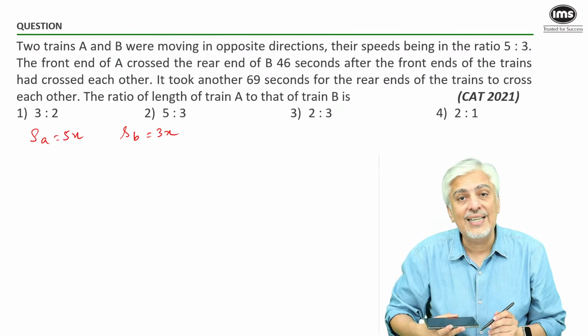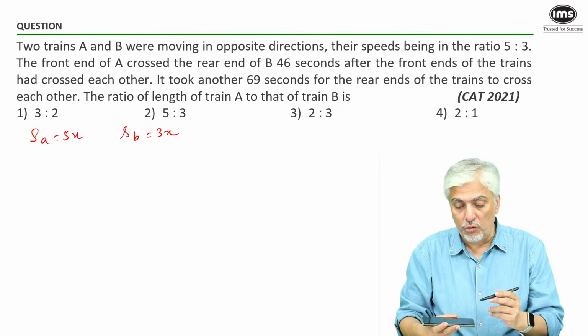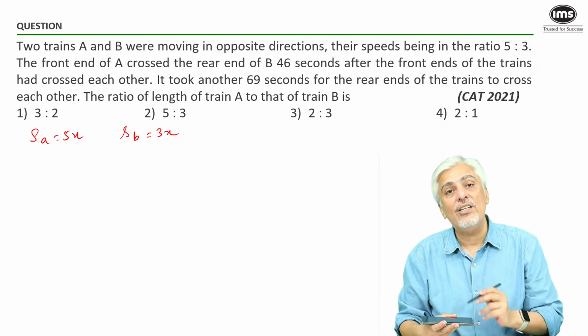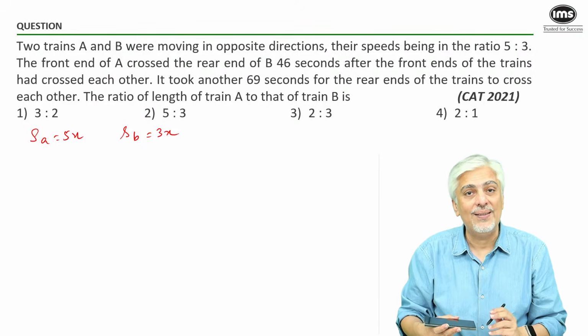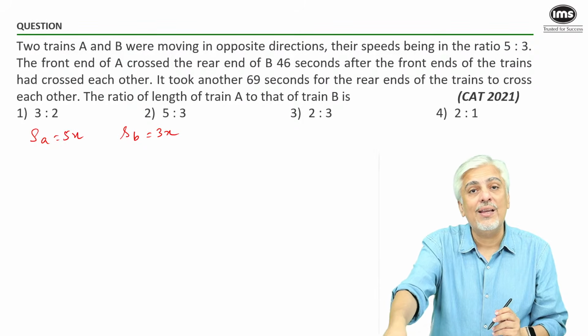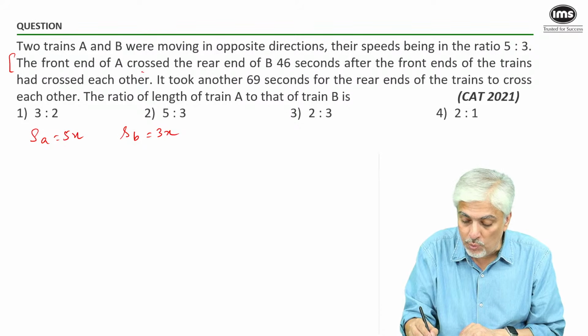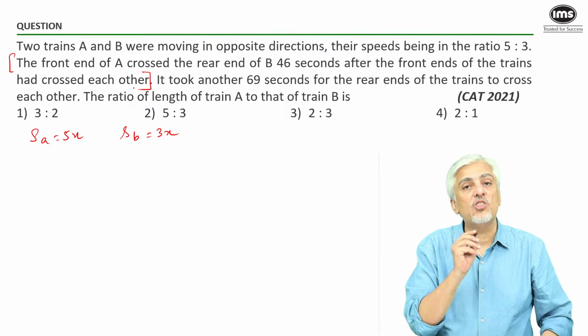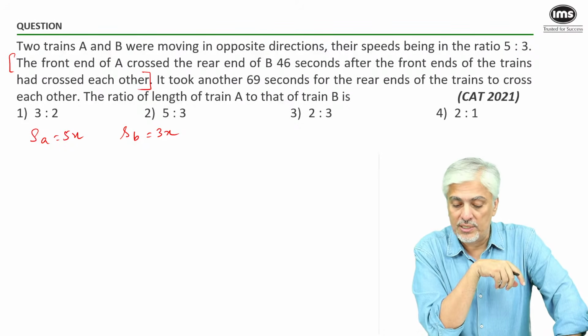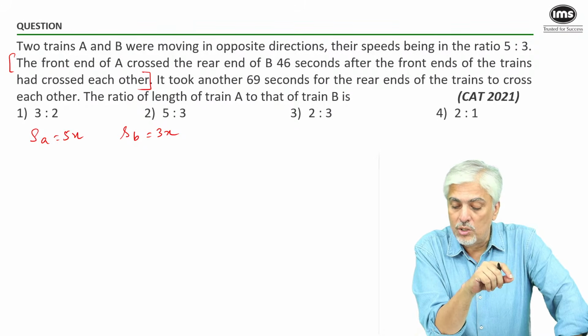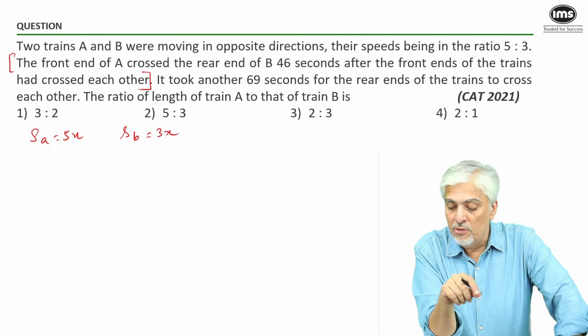Now understand this, the front end of A crossed the rear end of B, not the rear end of A. So which is the length I will consider for this part? You have to read this at least 2-3 times to understand what they are trying to say. Whatever I have just put in the bracket, let's read that a couple of times. The front end of A crossed the rear end of B 46 seconds after the front ends of the trains had crossed.